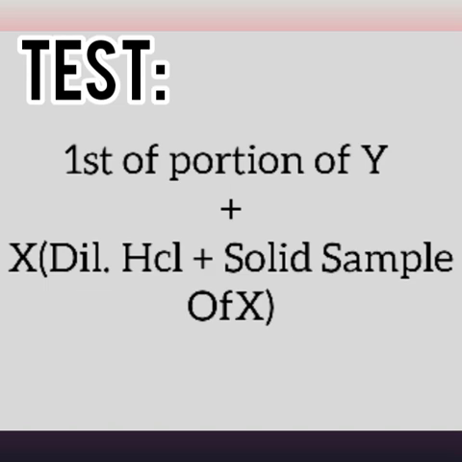So for the second test, the first portion of solution Y plus X, which is your zinc carbonate, or they might say dilute HCl plus solid sample of X. Either way, that is the second test. First portion of solution Y plus X.